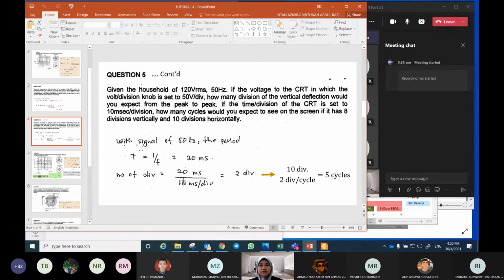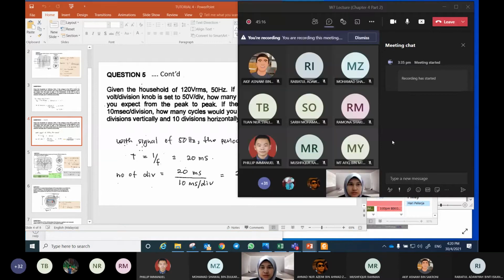How many divisions for one cycle horizontally? And how many cycles appear on the screen? Someone want to share his or her screen or share your answer here?